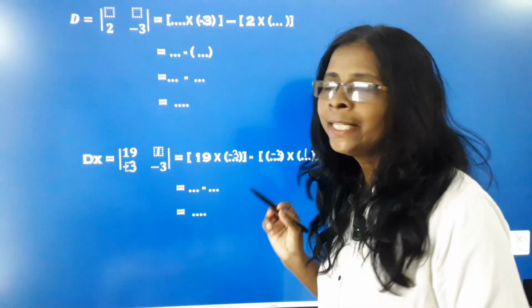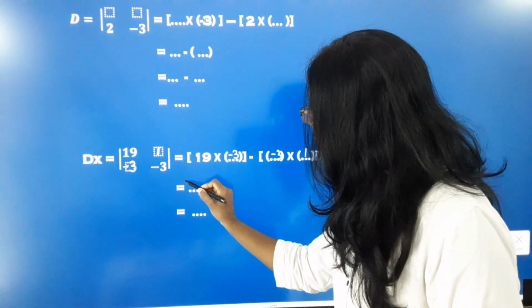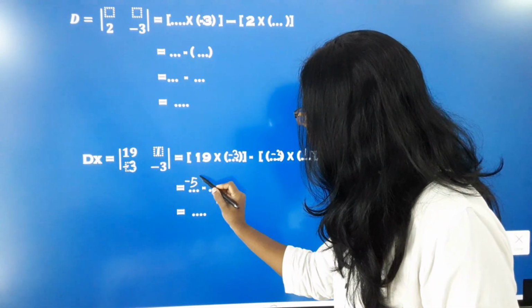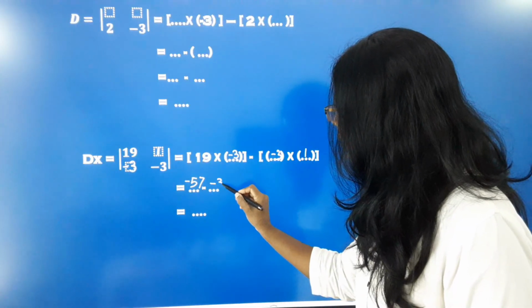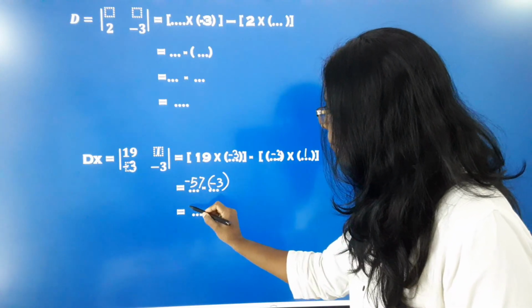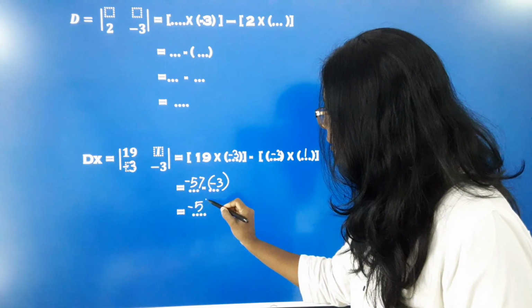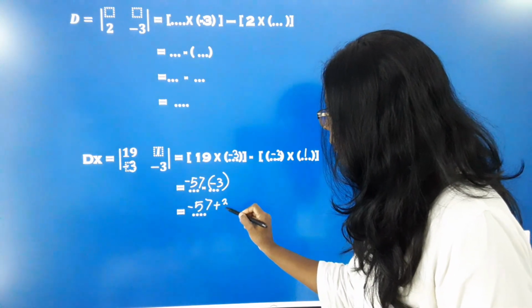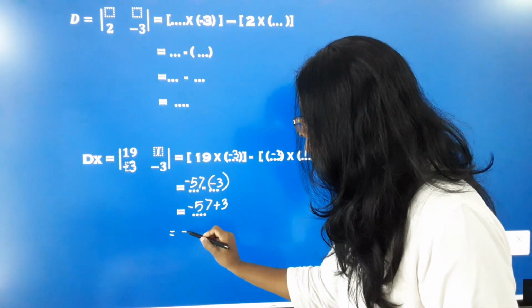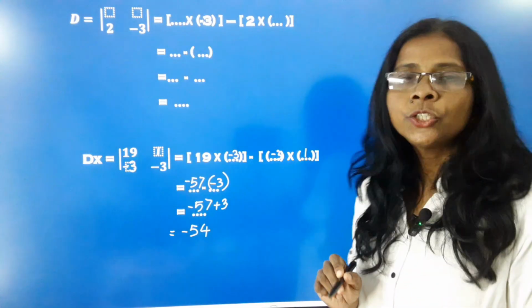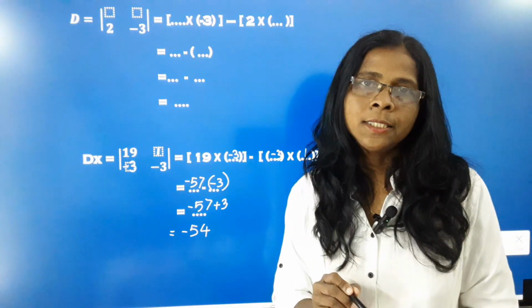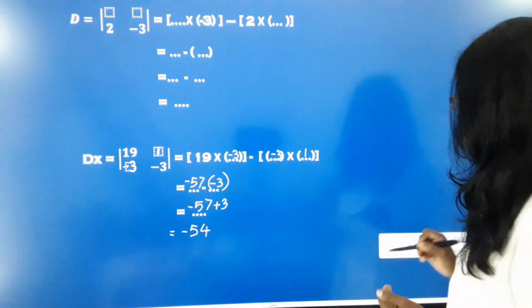So 19 threes are minus 57, minus of minus 3. Now minus 57 plus 3, which is equal to minus 54. So the determinant of x is equal to minus 54.